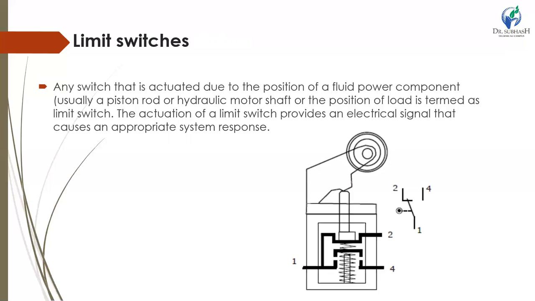In a lever type limit switch, the contacts are operated slowly. In spring limit switches, the contacts are operated rapidly. This figure shows a simplified cross-section view of a limit switch and its symbol. 1, 2, 3, 4, its symbol and the diagram show.